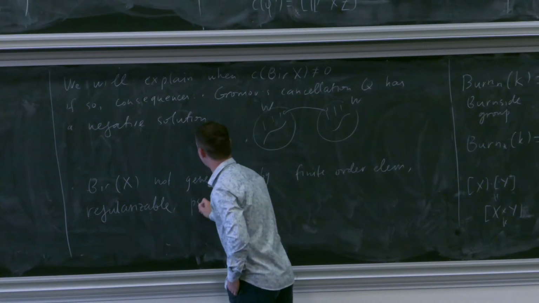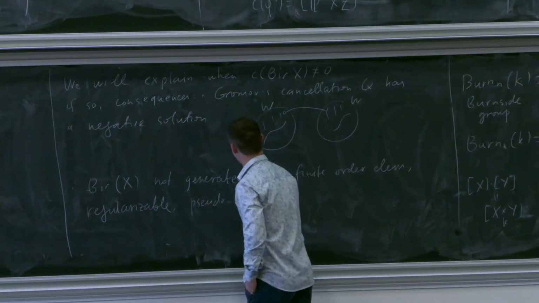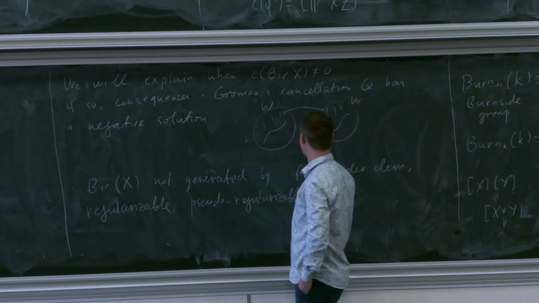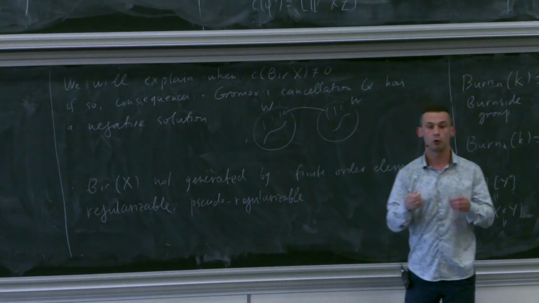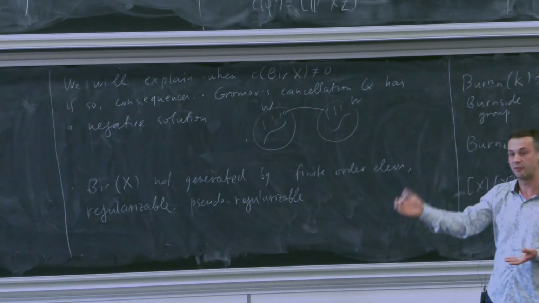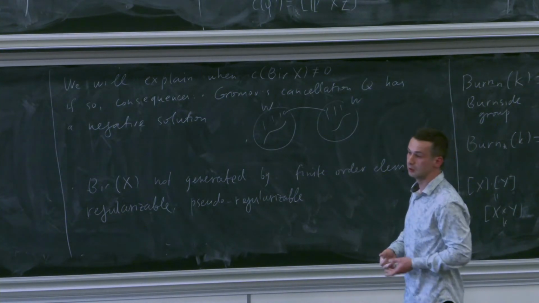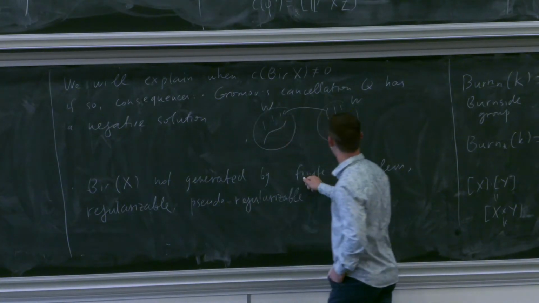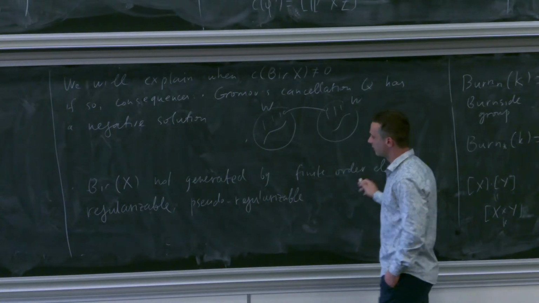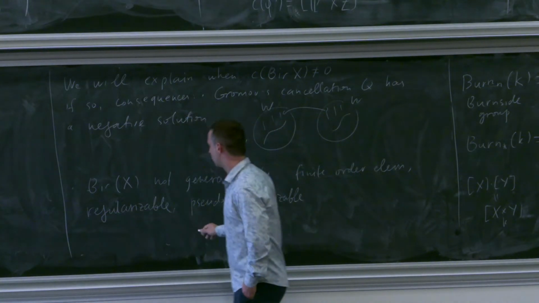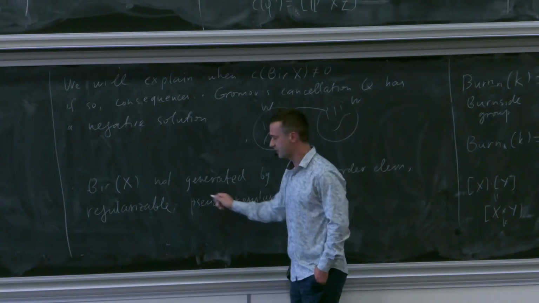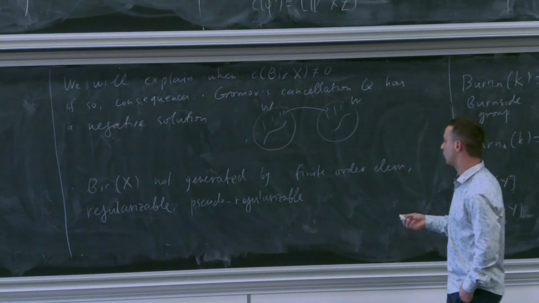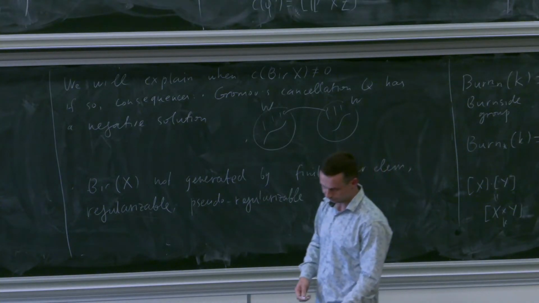And more generally, pseudo-regularizable, meaning conjugate to a pseudo-automorphism, a birational self-map which doesn't have exceptional divisors either way. We have implications: finite order, as Michelle was telling us, implies regularizable, and regularizable formally implies pseudo-regularizable. That's the natural kind of thing we're not generated by. People were asking questions like this for some time.